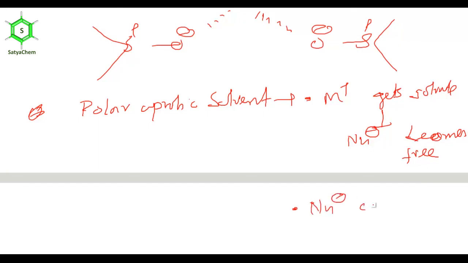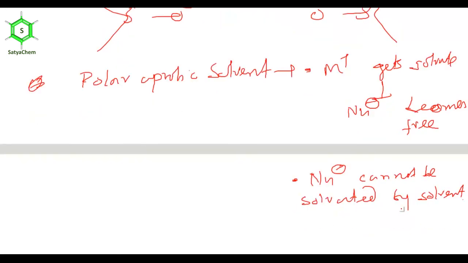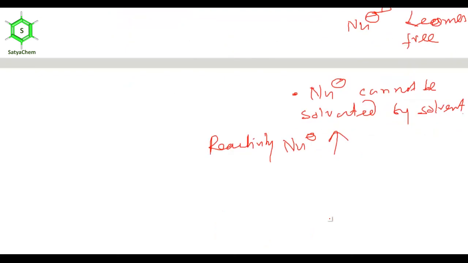So that is why the reactivity of the nucleophile increases. Nucleophilic substitution of SN2 type often occurs more rapidly in polar aprotic solvent.